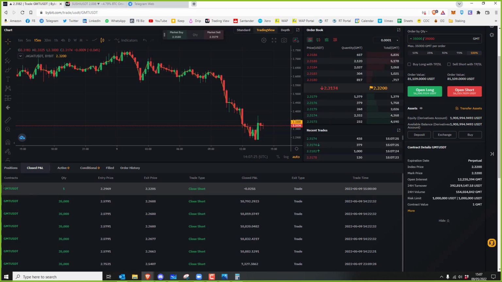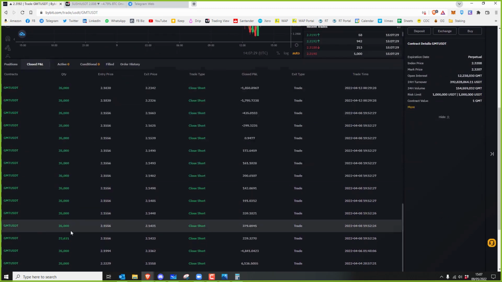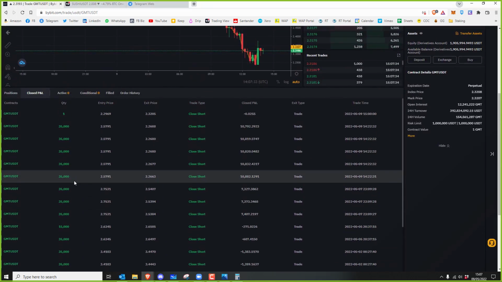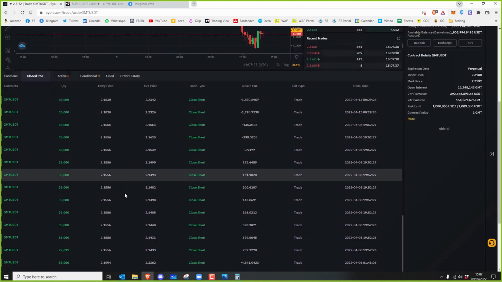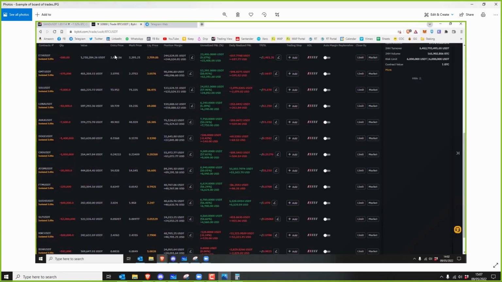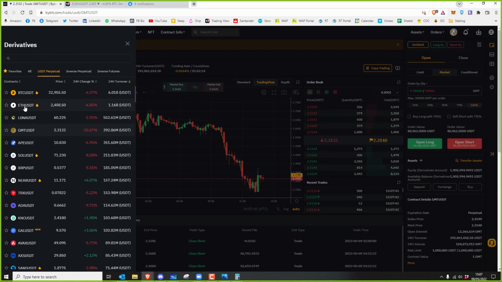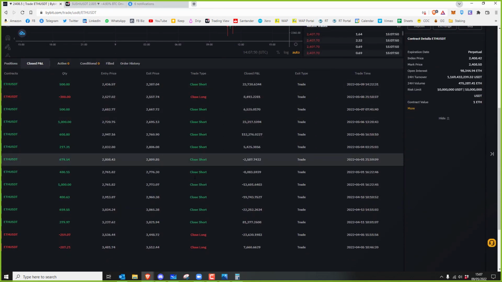So it's showing, like here, all the times I've gone long or shorted. Oh yeah, I've just been shorting today. It's just frustrating. There's no way that you can see a similar board of trades for all symbols. You have to do it per thing. So if I go to Ether and then closed P&L, it will show me all of the stuff for that.